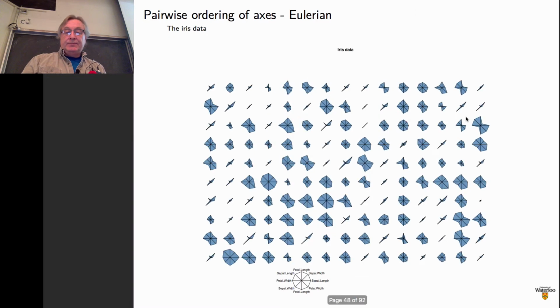So on the iris data, here's what the iris data now looks like, where I've got the Eulerian. So I have many more axes now. I've got 1, 2, 3, 4, 5, 6, 7, 8 axes. And the shapes, again, Setosa is pretty easy to tell, these little daggers that are here.